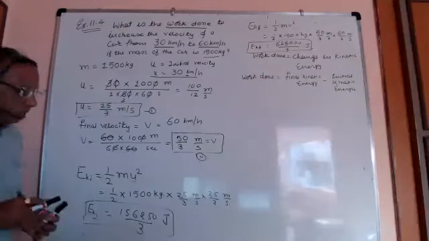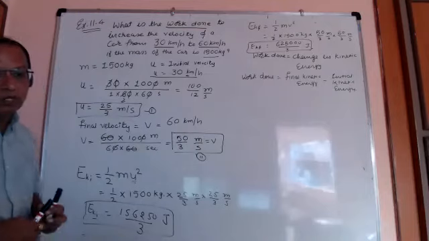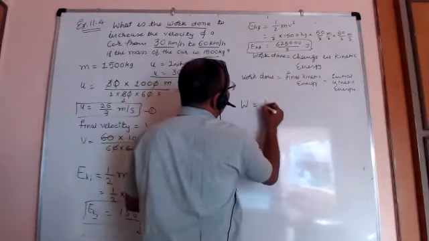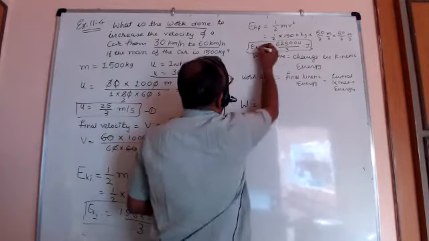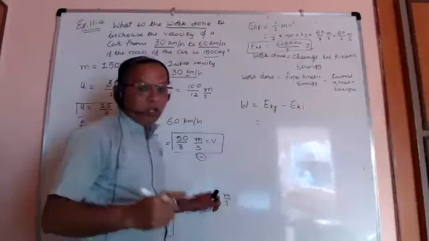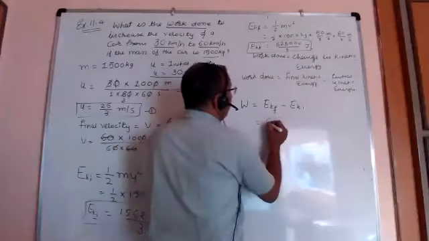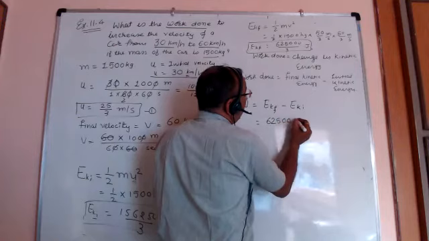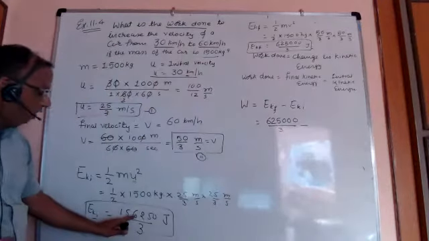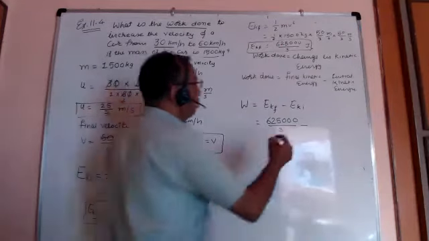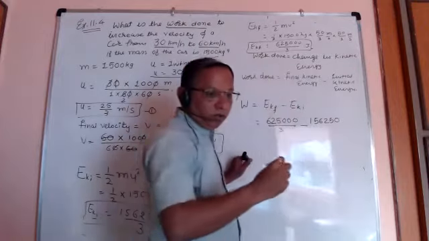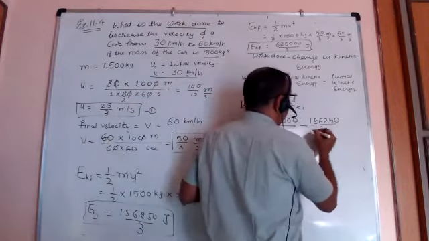So to find work done, we have to take the subtraction of these two. Work done is equal to EKF, F is final, minus EKI, I is initial. Final is 625,000 by 3 minus 156,250 by 3.